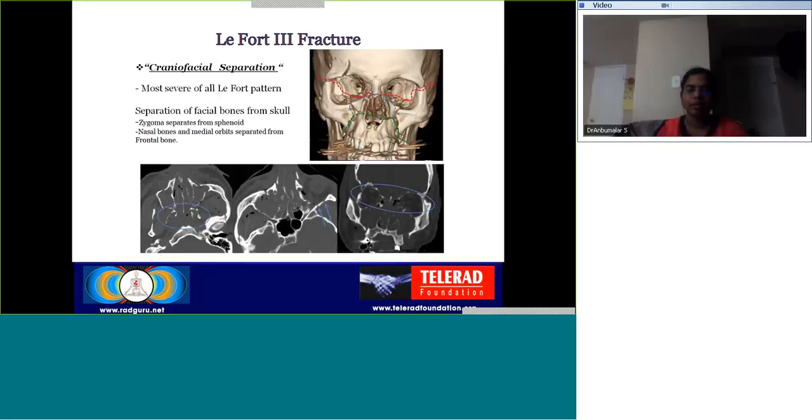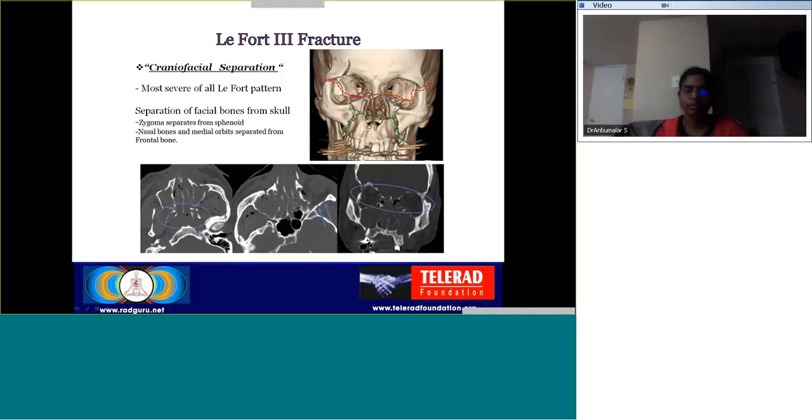Third is the craniofacial separation. There is a separation of the facial bones from the skull entirely. The zygoma is separated from the sphenoid bone, and the nasal bones and the ethmoid bones are separated from the frontal bone. So this is the severe form of all the other types of the Leforts.